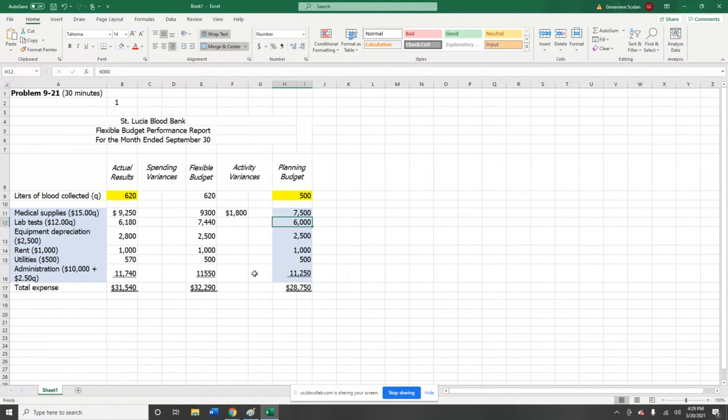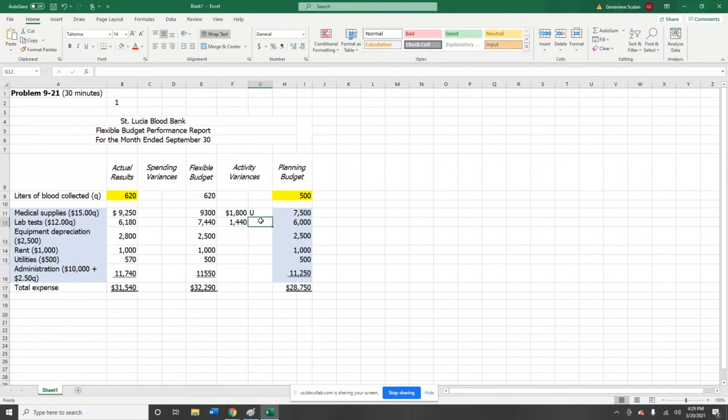All right, now these are all costs, right? So when a cost is bigger, that's going to make it an unfavorable variance. But it's based on activity, right? Same thing with this. So the lab test difference is equal to the 7,440 minus the 6,000. So we got a 1,440 difference.